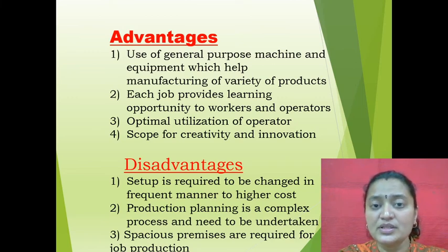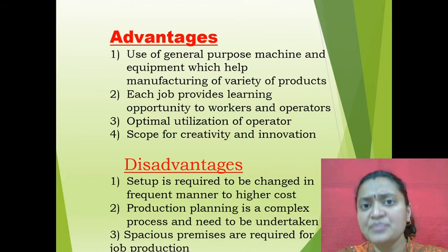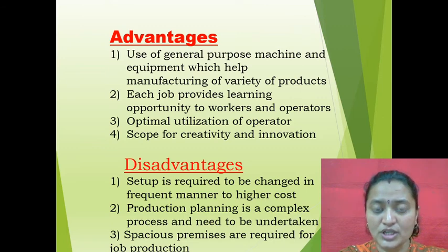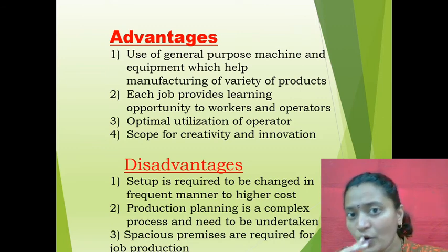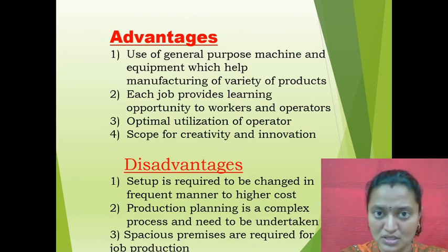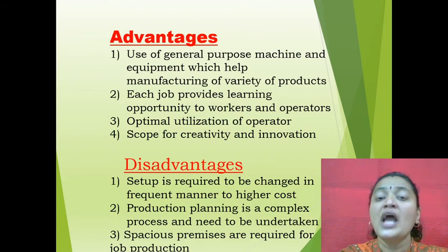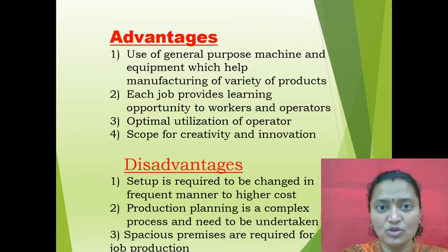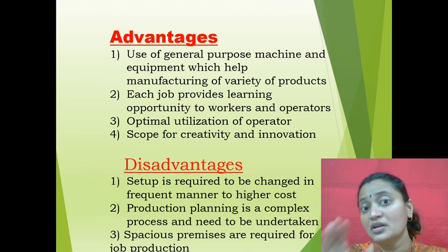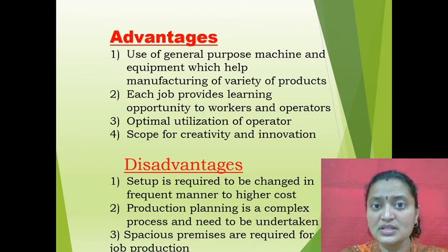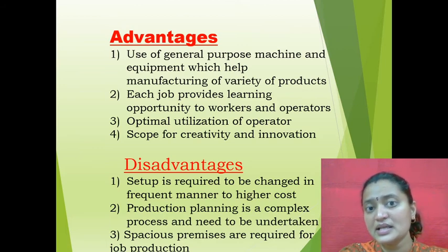So here, whatever suitable premises and space requirement is there should be made available for job production. Suppose we have kept some machines for a manufacturing process, and that much space is required to keep those machines. If a limited number of workers are there and the space provided is less, then it's fine.